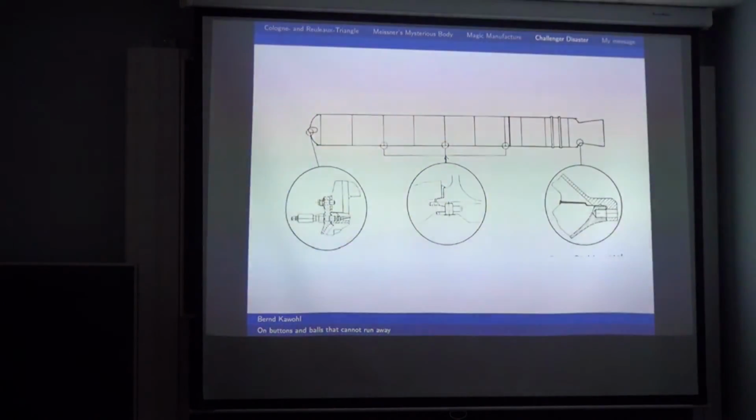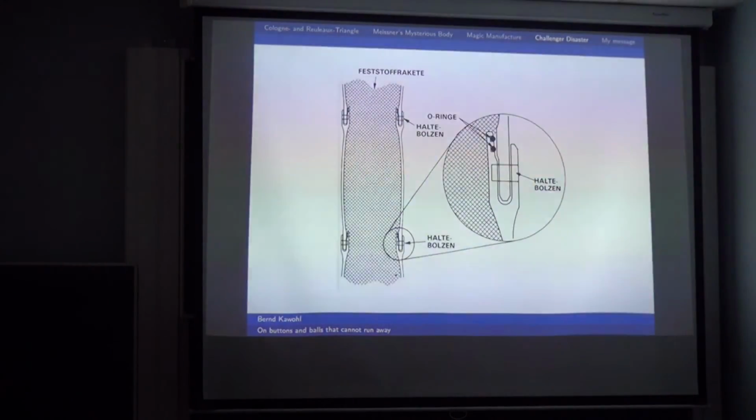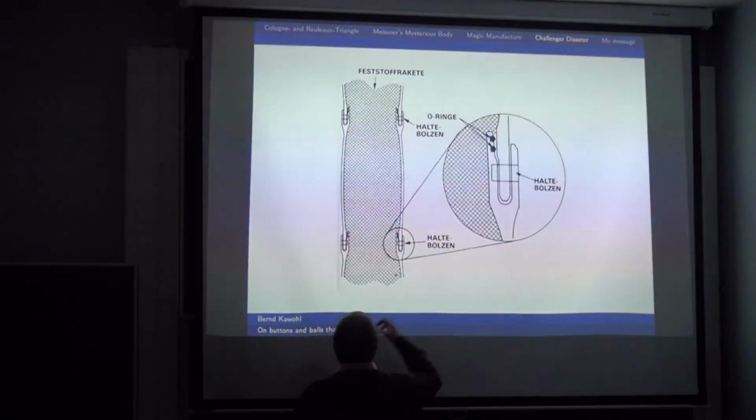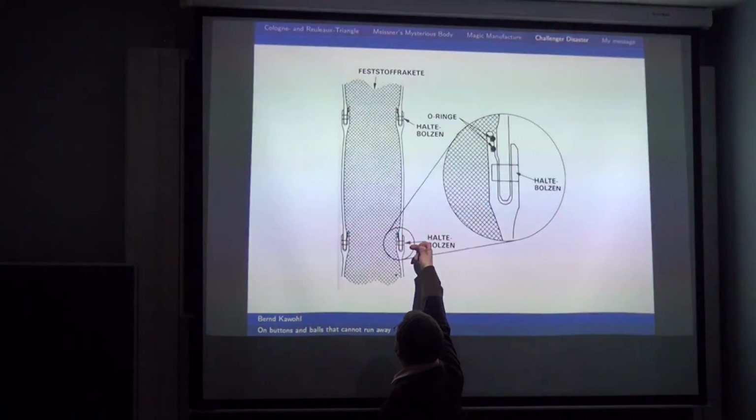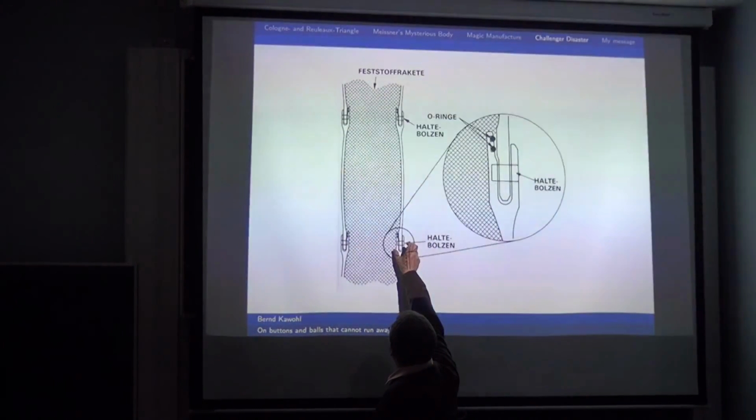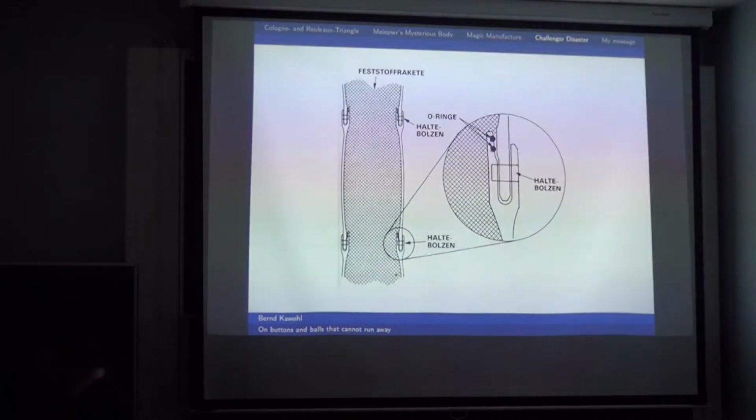So the booster rocket, of course, is a long pipe, and it consists of different segments, circular segments, and they are taken apart, they are cleaned and so on, and something was wrong with the connection between these segments. In fact, there were some bolts, some screws that were holding the different parts together, and there was something called an O-ring in between.